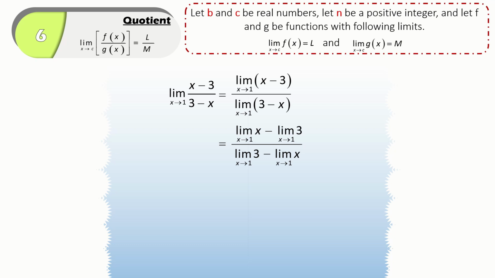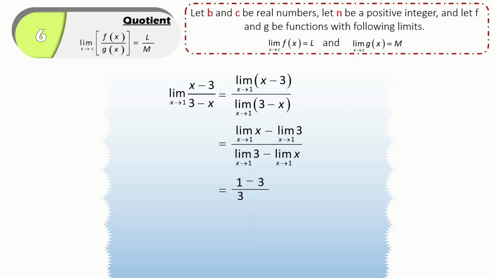In the numerator, apply the identity property to get the limit of x as x approaches 1 and the constant property to get the limit of 3 as x approaches 1, which give the answers 1 and 3. In the denominator, apply the constant property to get the limit of 3 as x approaches 1, which gives an answer 3.